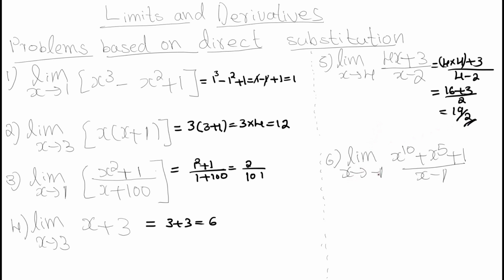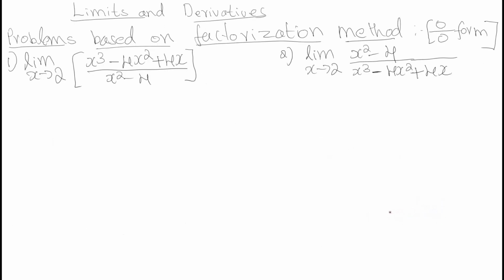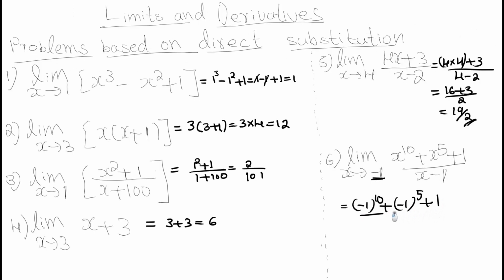Next, limit x tending to minus 1 of x to the power 10 plus x to the power 5 plus 1 divided by x minus 1. So here I need to substitute x equal to minus 1. So it's equal to minus 1 to the power 10 plus minus 1 to the power 5 plus 1, divided by x value, minus 1 minus 1.